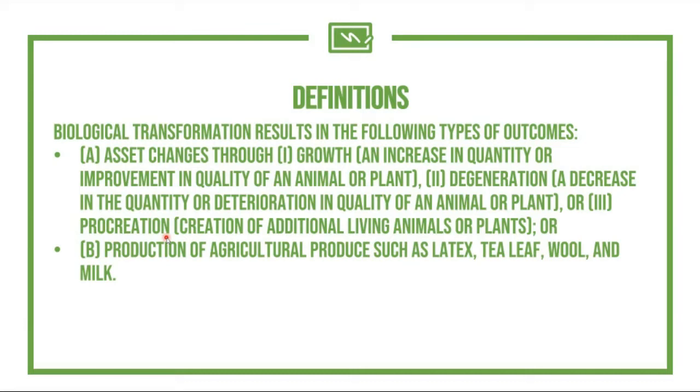In the case of plants, procreation is of course through the pollination and fertilization process of plants, resulting in more fruits, more harvests, whatever type of harvest is required. Or it can also happen through letter B, production of agricultural produce, such as latex, tea leaf, wool, and milk. So the classification of biological transformation would be from the biological asset itself or through the produce that it is producing while it is still a living plant or animal.